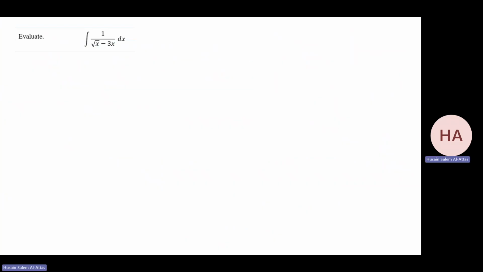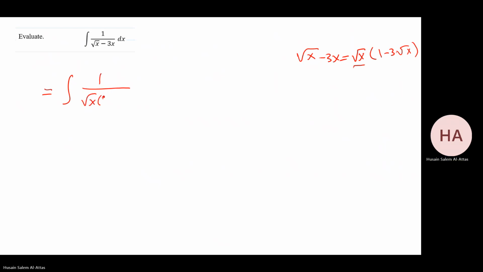This one is a tricky one. What you will do, if you notice, square root of x minus 3x. If I take square root of x as a common factor, I'm getting 1 minus 3 square root of x. That's the trick. Do the product, I'm getting square root of x minus 3x. So I will rewrite this one in this way: 1 over square root of x times 1 minus 3 square root of x.